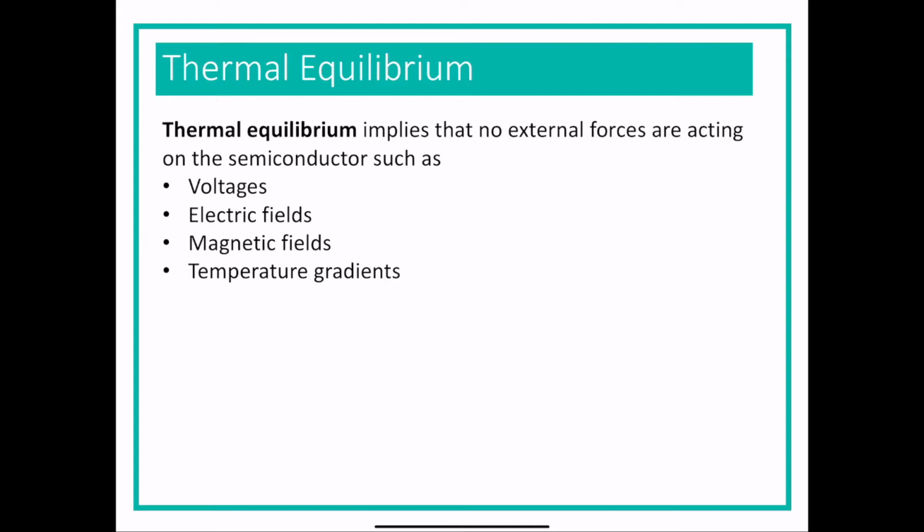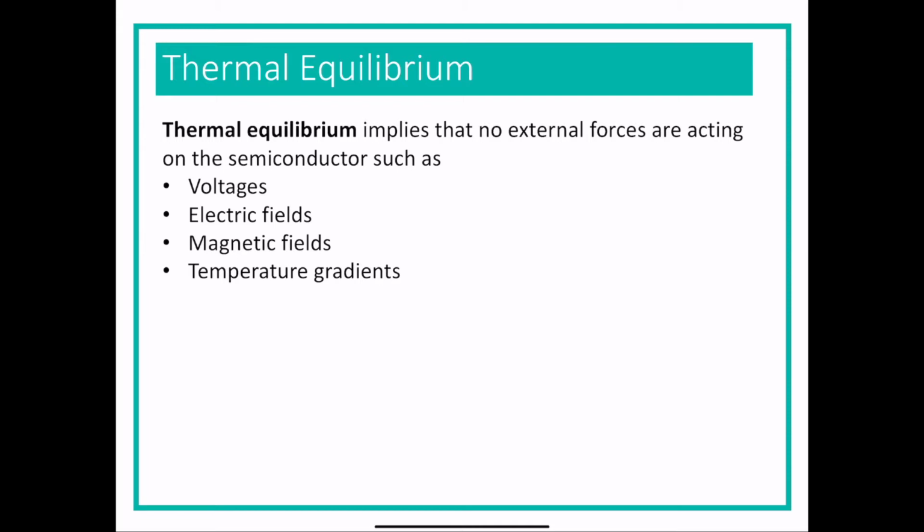So what this means is that if there are no forces acting on semiconductor material, no weird temperatures, no electric fields or whatever, stuff still happens. So in a semiconductor material that's just sitting doing nothing, it's actually doing stuff inside that you can't really be aware of.